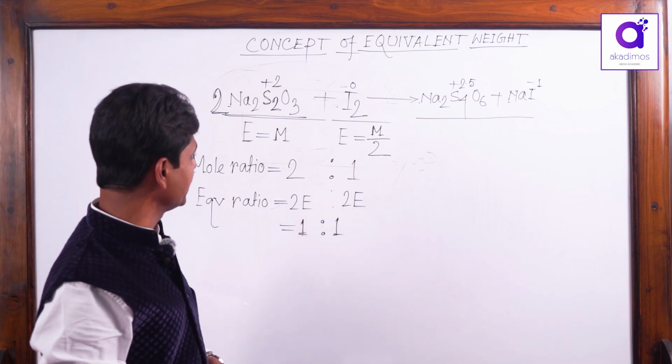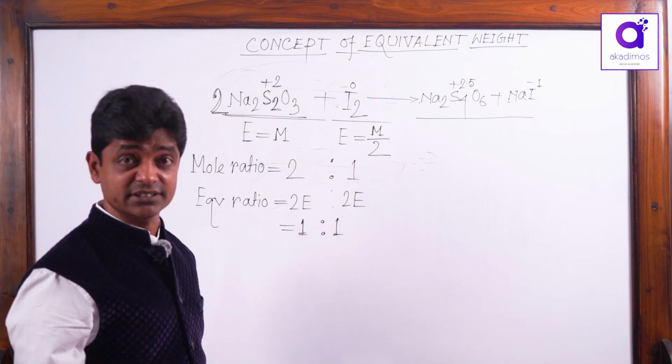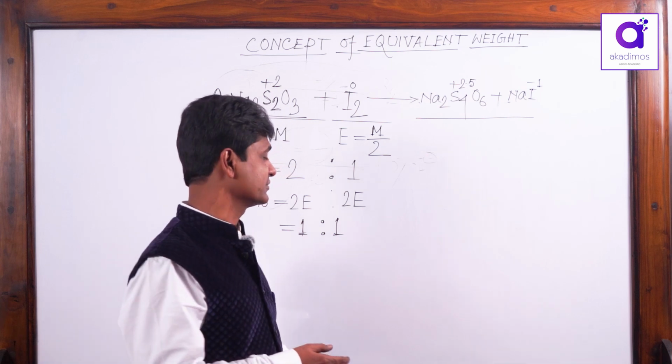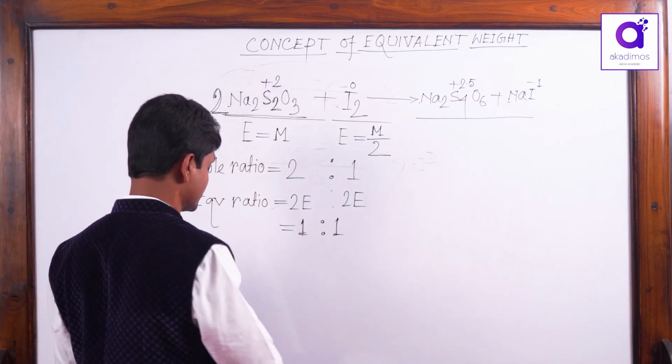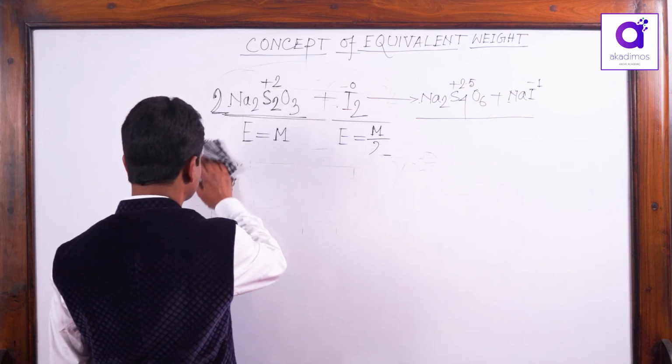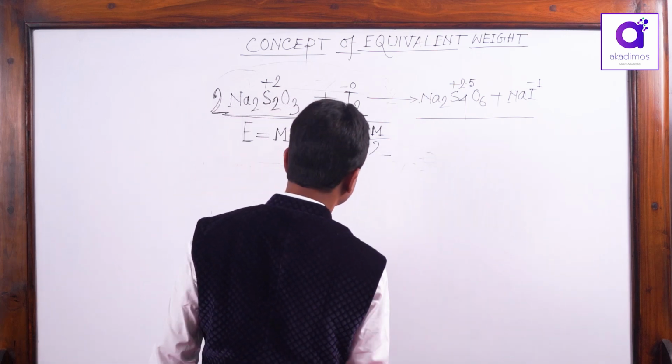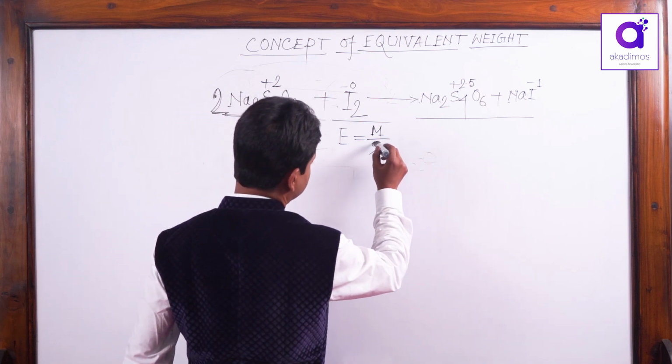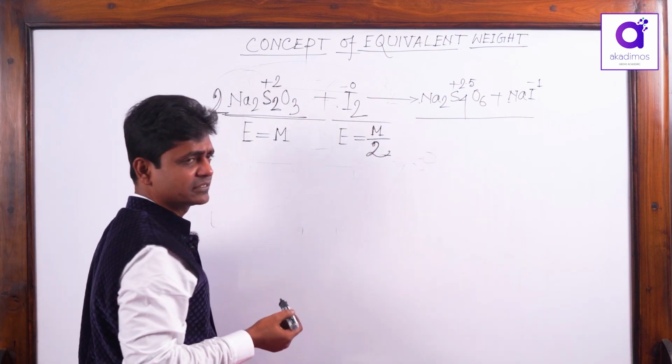I discussed the application of this iodometric reaction. This is an important titration and it has great importance. Why is it important? You can think that by using this reaction we can estimate iodine.